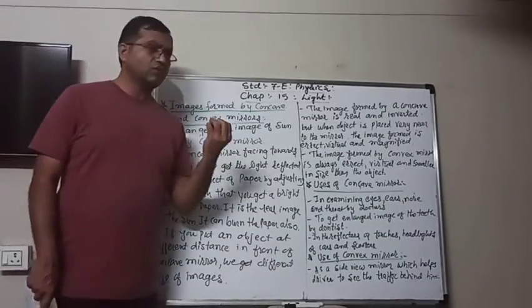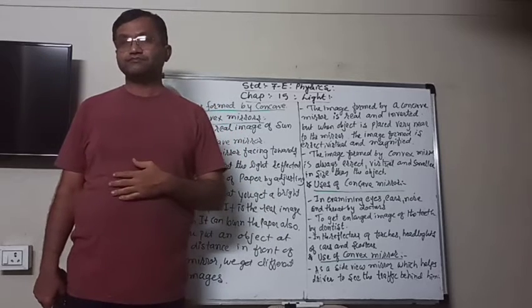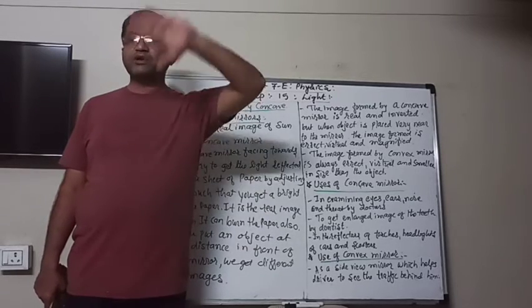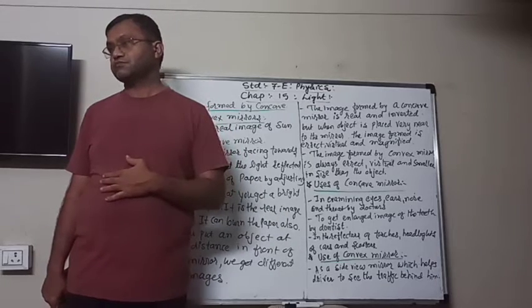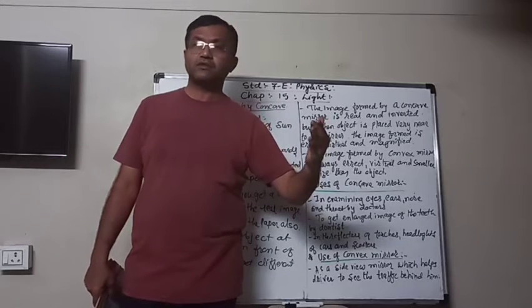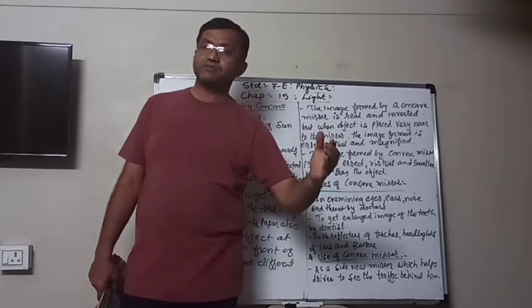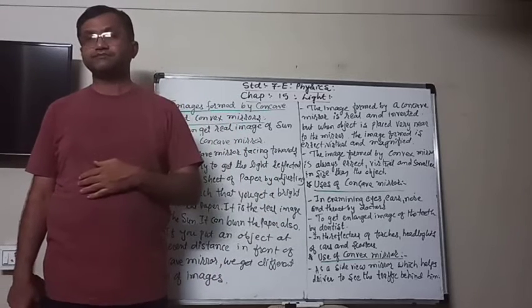So now we saw that in the plane mirror, the size of the image was same as the object. The distance of the image from the mirror was also same as the distance of object from the mirror.